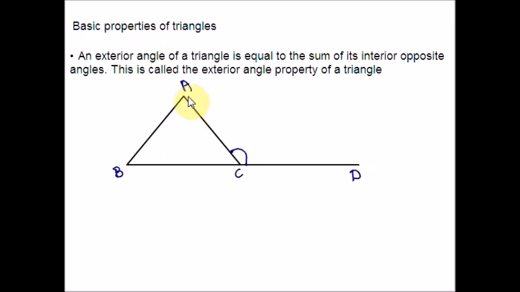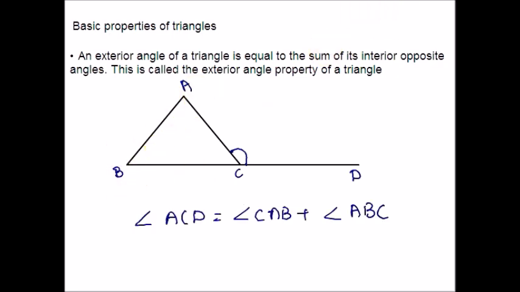Consider this figure ABCD. An exterior angle ACD of a triangle is equal to the sum of the interior opposite angles. This is called exterior angle property of a triangle. Here ACD is the exterior angle to the triangle ABC. Am I right? According to the exterior angle property, ACD is equal to sum of the angles CAB and ABC.